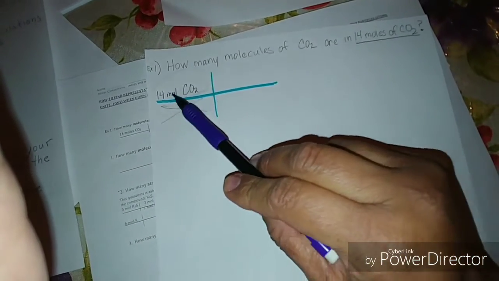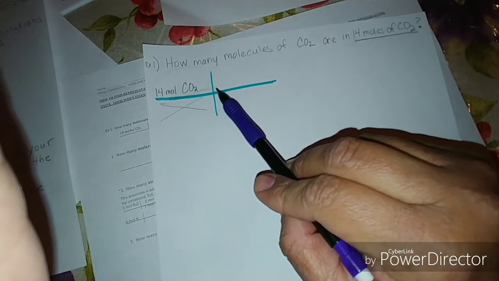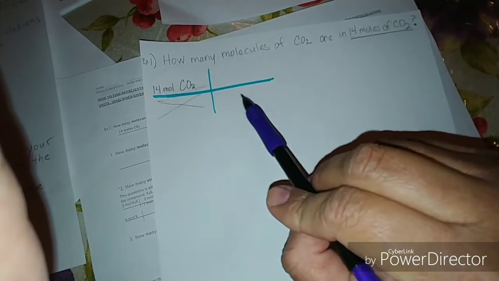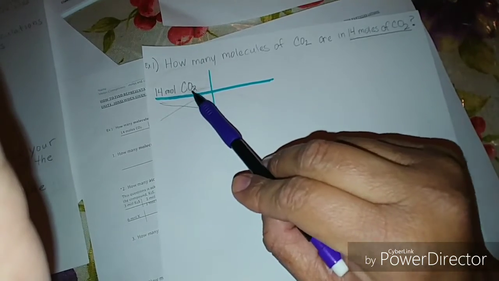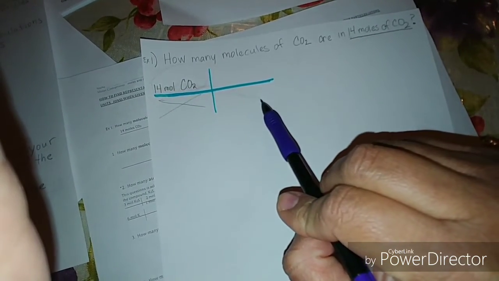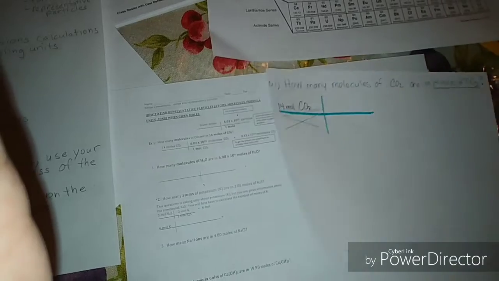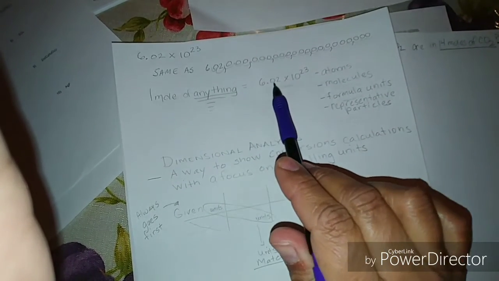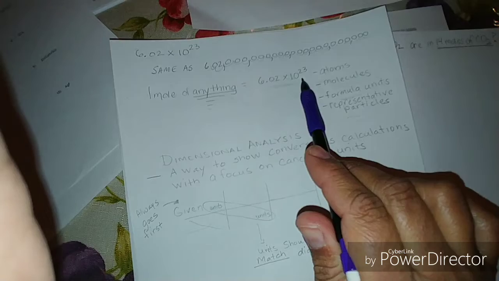Okay, so when you're doing dimensional analysis, you need to keep in mind that everything should be diagonal, as I mentioned before. So if this is moles of CO2, that's got to be moles of CO2. The other thing that was mentioned before is that you have to remember that 1 mole of anything, in this case 1 mole of CO2, is equal to 6.02 times 10 to the 23rd.